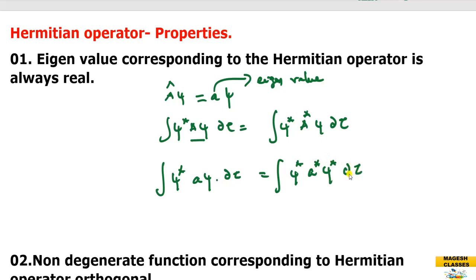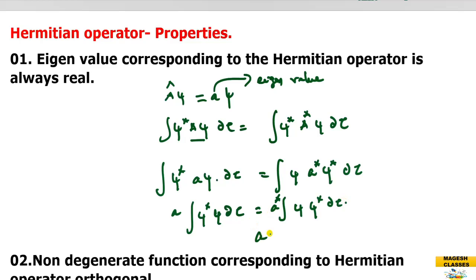So a is a star, so the eigenvalue is real. So what is the property? The eigenvalue corresponding to a Hermitian operator is always real. So this is the first property.